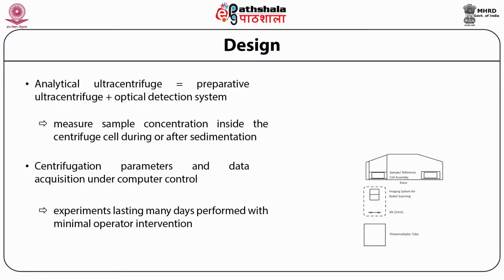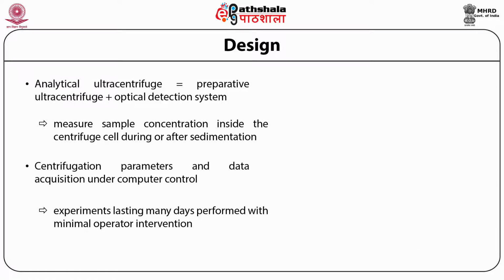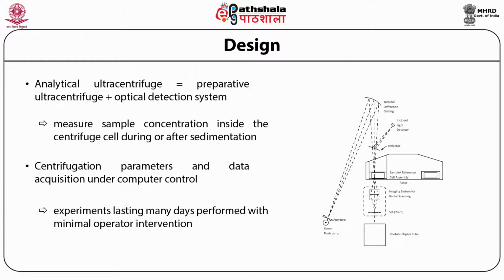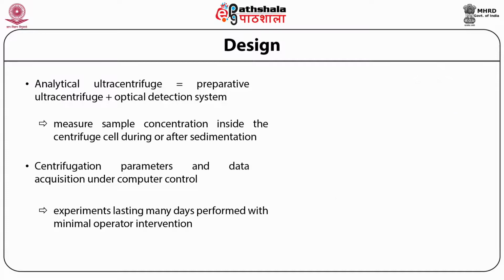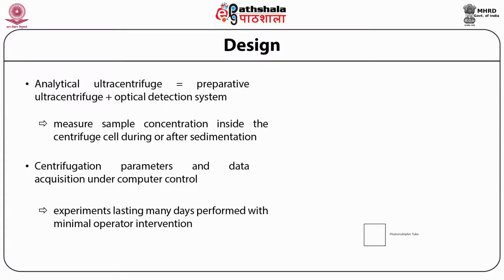This is the rotor, this is the centrifuge part, and this is the cell which holds the sample. The cell has two parts, one the reference and one the sample component, and it is connected to the optical system which can detect the molecules inside the centrifuge tube during the centrifugation process.